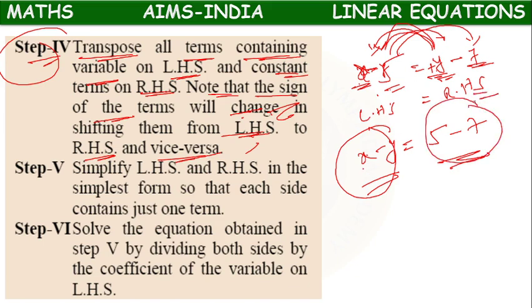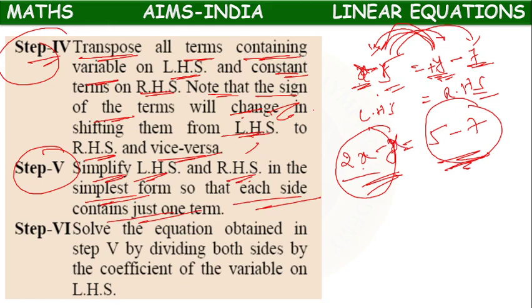That is step 4. After simplification in step 3, in step 4 we have to transpose the terms. Next, step 5. Again we simplify LHS and RHS to the simplest form so that each side contains just one term. Suppose it is 2x and x: 2x minus x, what is the value?